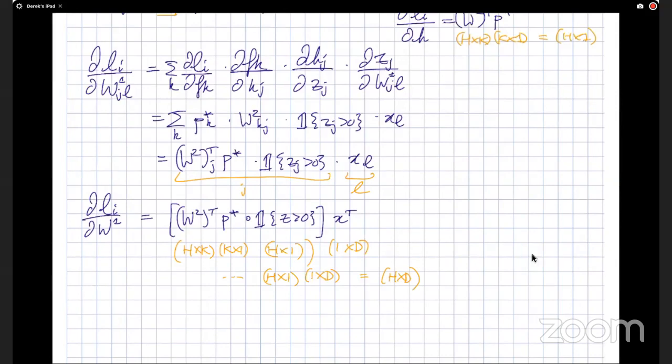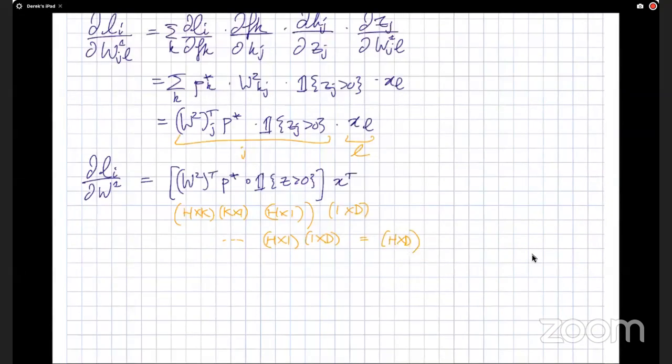Oh, why is the element-wise product not stuck to the right of W2, or why can we commute it? This is just an ugly way of writing this. Essentially this is a vector of length h, and I'm going to zero out the z's where it's not greater than 0.